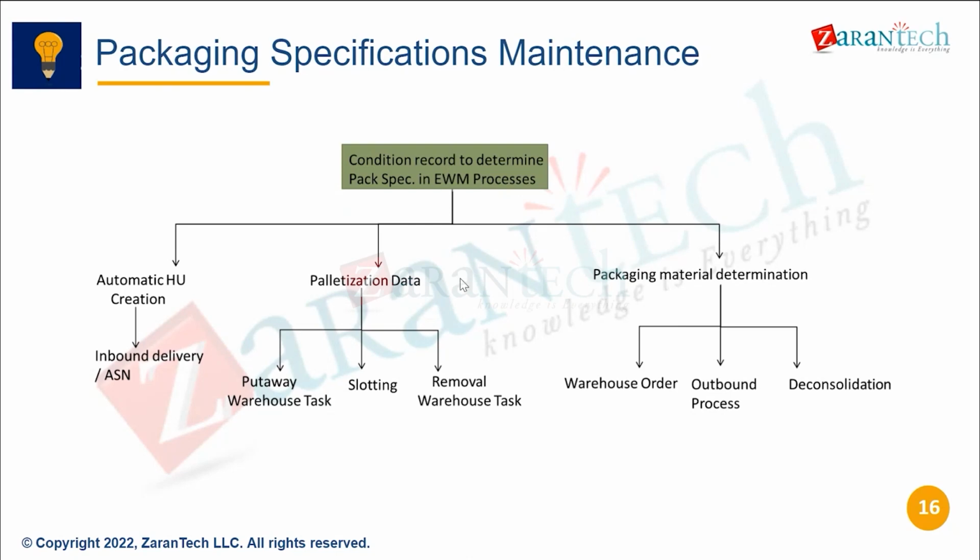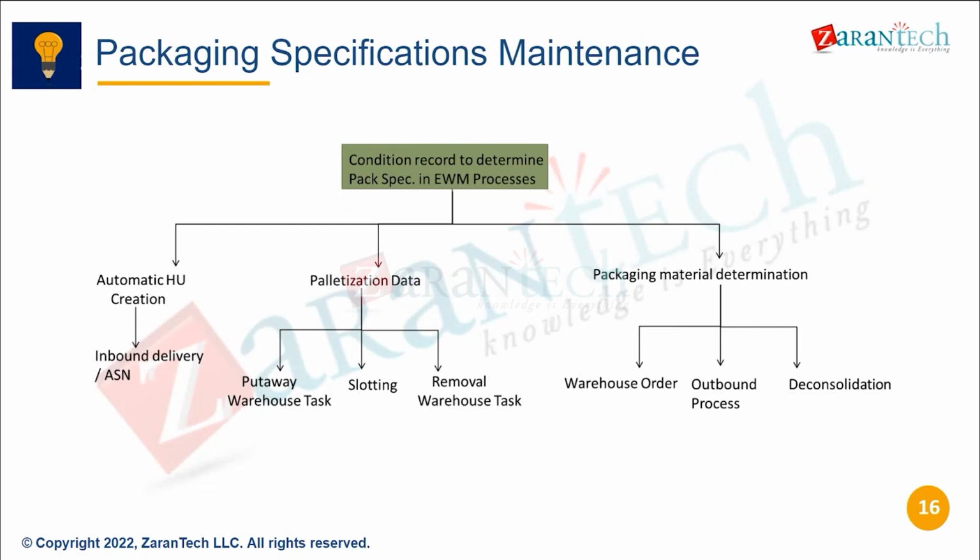When you are creating the packaging specification, at each level, the boxes level, you will have the handling unit type. For the pallet, you will have a different handling unit type, and for boxes, a different one. Based on that, it will be differentiated. We call it the HU type.